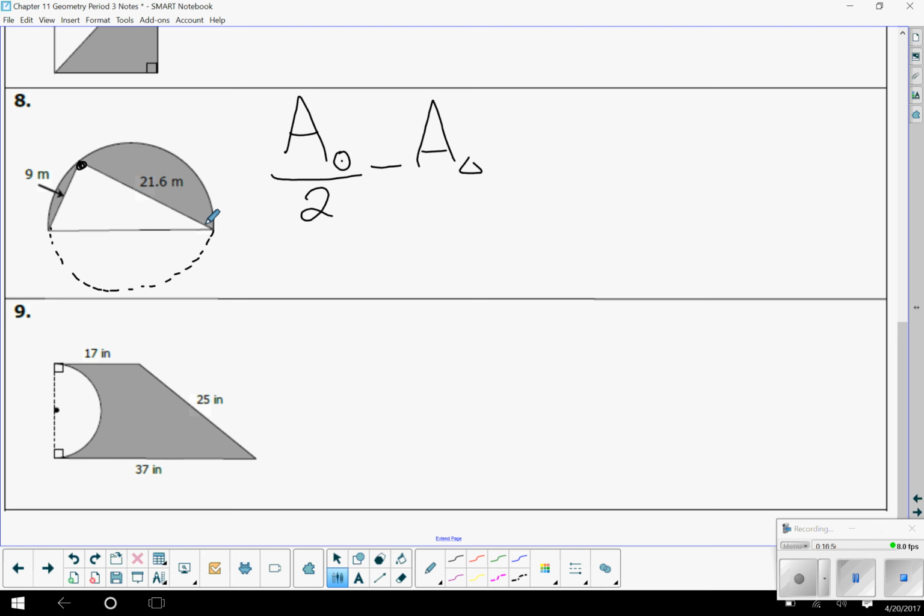Shake your head, yes. What does it cut off at? 180, at the center. Remember what inscribed angles are? Half of the arc.